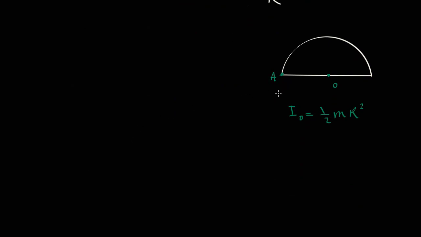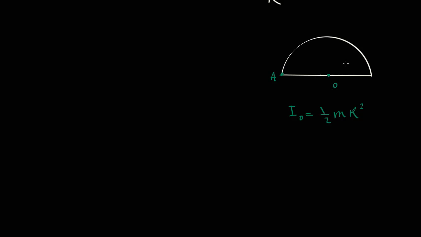So for the parallel axis theorem, we said that we can calculate the moment of inertia about one point by having the moment of inertia about the center of mass. And the point here is that we don't have the moment of inertia about the center of mass for this half a disk.